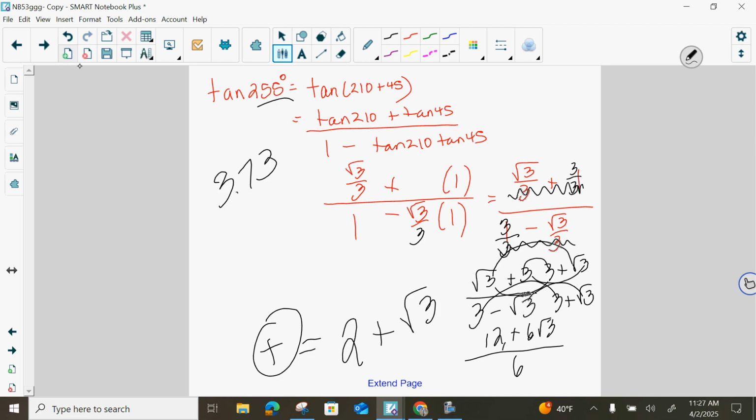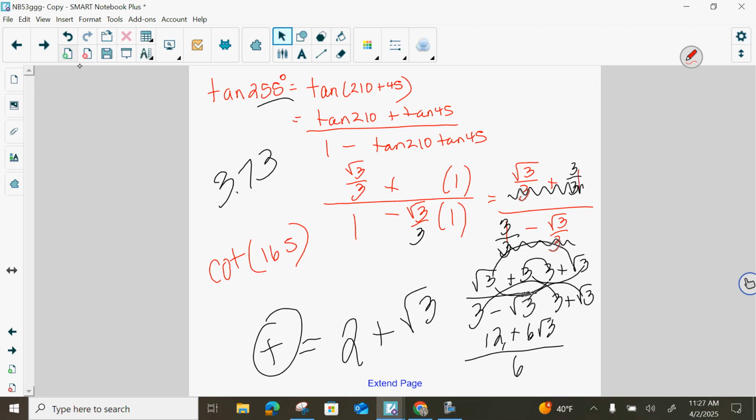Let's do, again, try to think of another good one. You don't really want to do quadrantals in this, right? Because quadrantals could be undefined for tangent. Hey, let's have you do cotangent instead. Do cotangent of 165. I don't care if you do add or subtract.